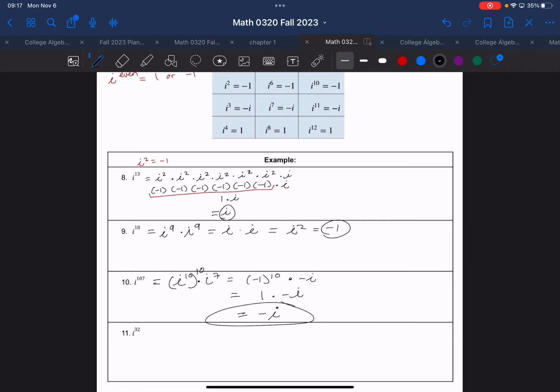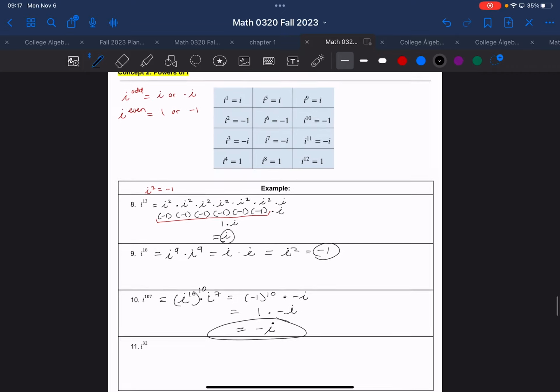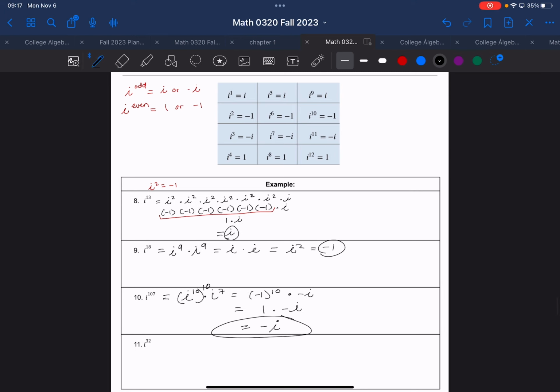How could we write i to the 32 using the chart? There's so many different ways we can do this, so it's whichever way you think of first. How could we do i to the 32? i to the 8th and i to the 4th.